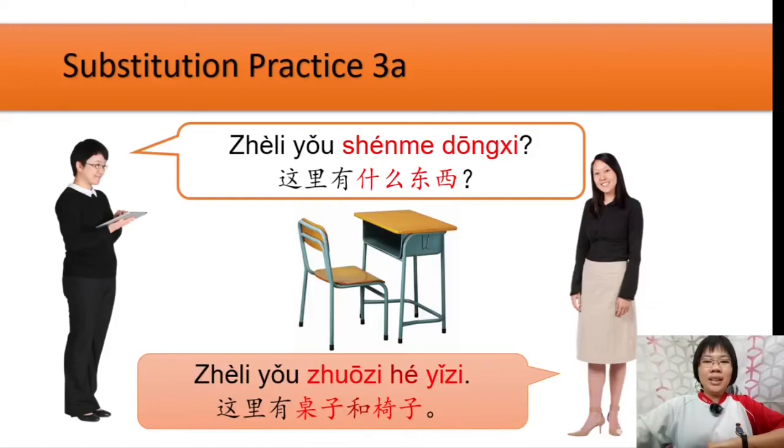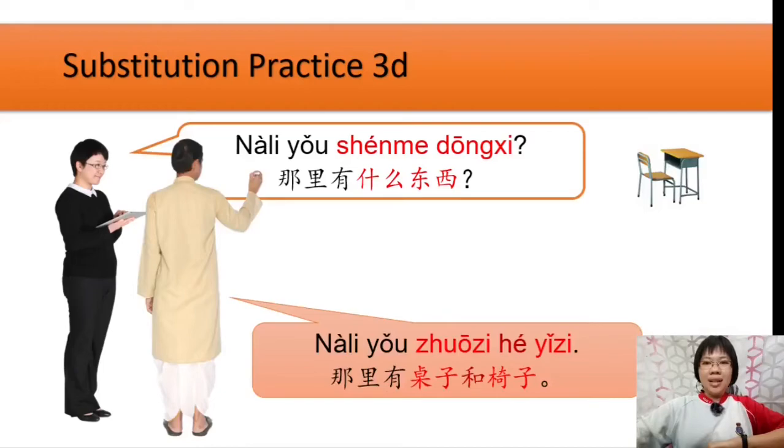We can see we have a table and chair. 这里有桌子和椅子。Next, 那里有什么东西？What do we have there? 那里有桌子和椅子。和 means and in case you forget.